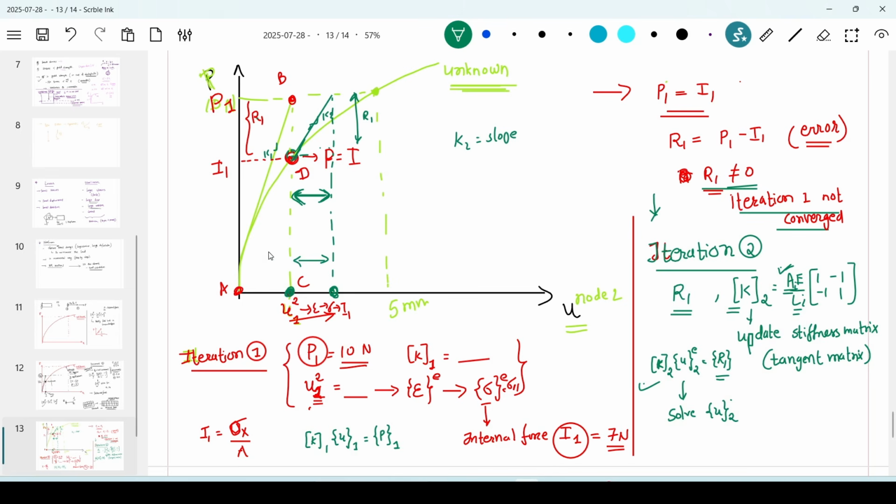This is called the displacement increment. When you sum all the previous iterations' displacement increments, you get the total displacement. Anyways, so we got this point u2. Can you tell me what next after we get u2?